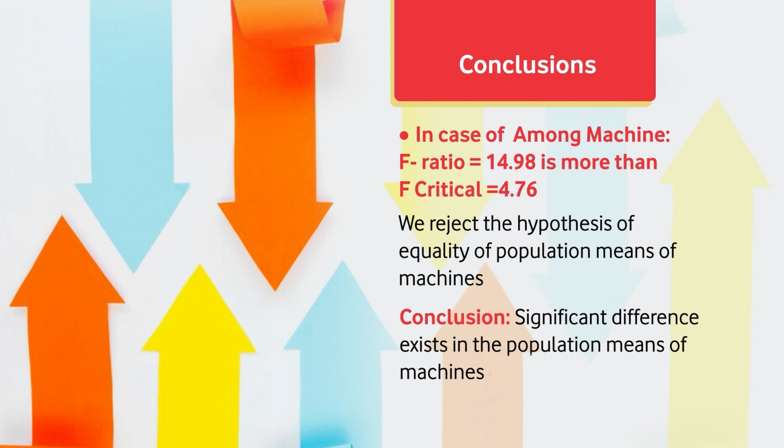That means the null hypothesis of equality of the 3 detergent means and the equality of the 4 machine means are both rejected. Machines are having different performance, and the detergents are also having different performance. Now based on this, you can work out the best combination, that means which machine we should use and which detergent we should use in order to get the best result.